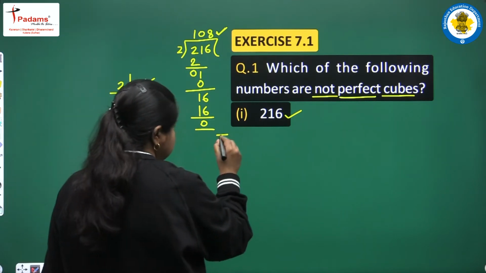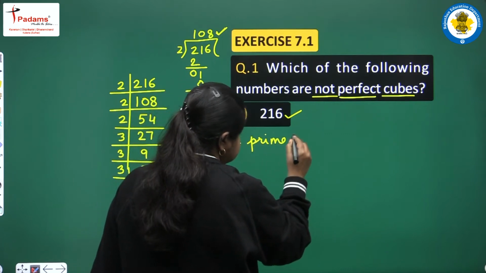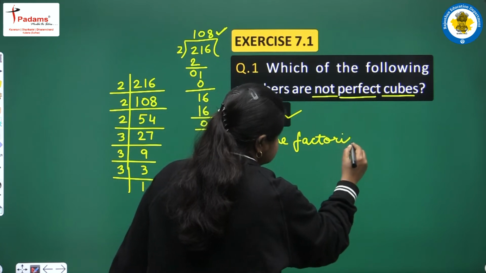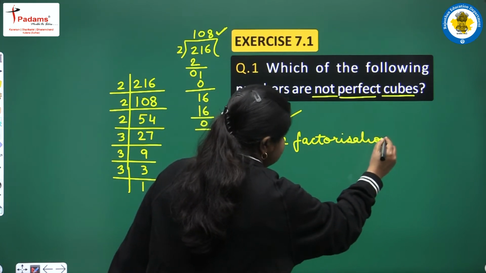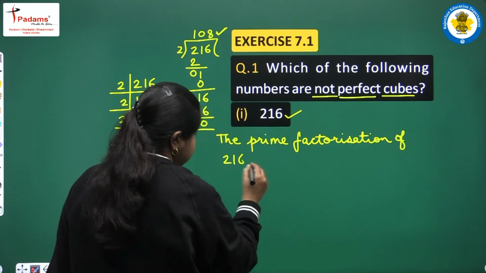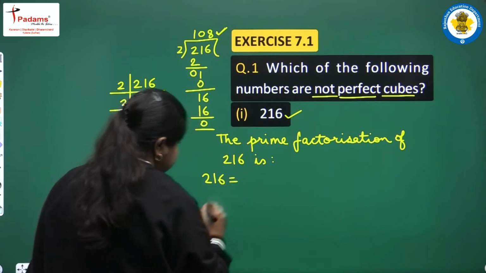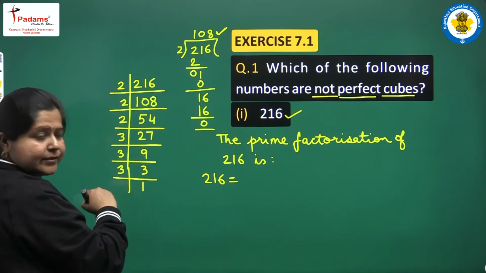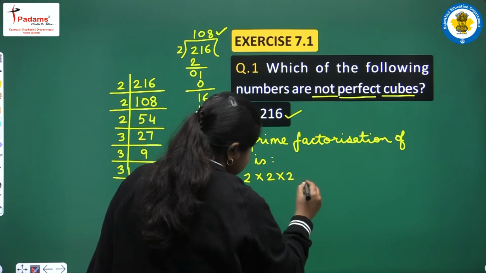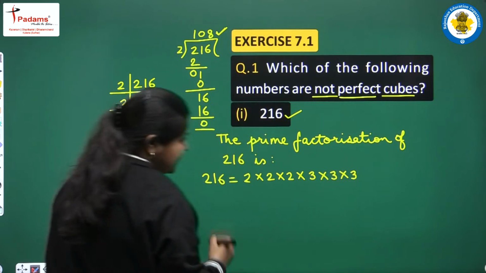Let us write down here the prime factorization of 216 is, we will see that here we are having 3 times 2, so 2 into 2 into 2 and again 3 times 3. Let us form the triplets.